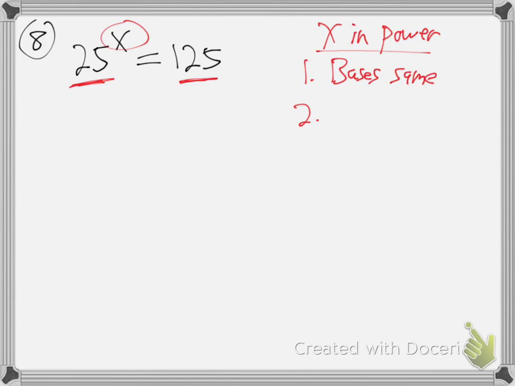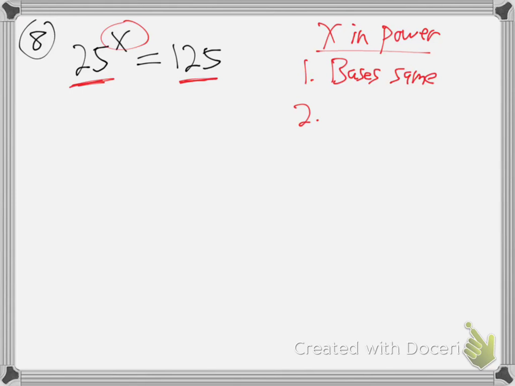What number smaller than both of those can we make those become? 5. Yeah, because 25 is 5 times 5. And 125, you might not know for sure, but it kind of looks like it, huh? So I would think 5 right away.